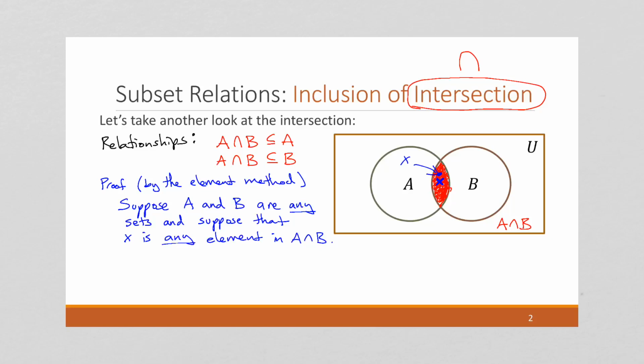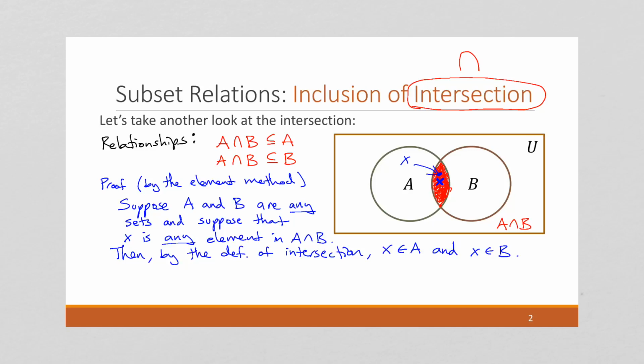We know then by the definition of intersection, we know that X is an element of A and X is an element of B.